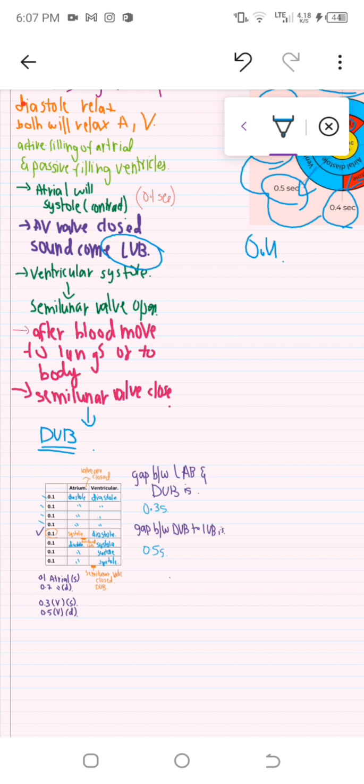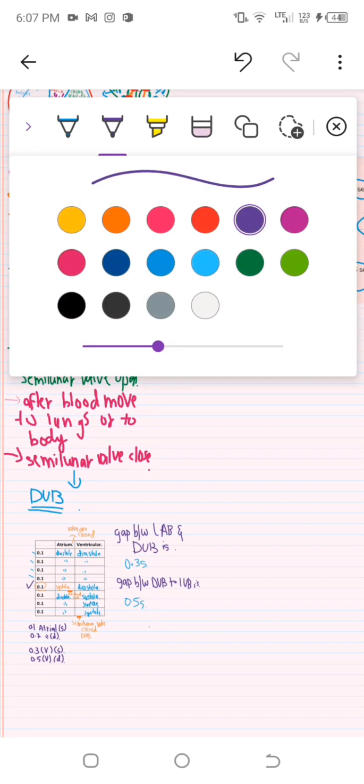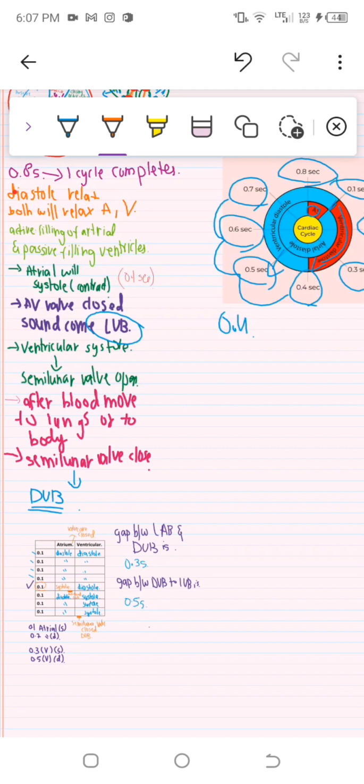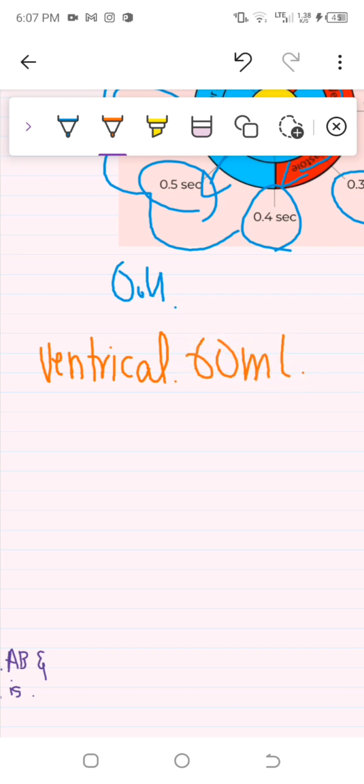After that, if I talk about the volume, just remember somehow the points in the ventricle. In the ventricle almost the previous volume is present, that is 60 ml. Ventricles are not empty; 60 ml of blood is present in the ventricles.